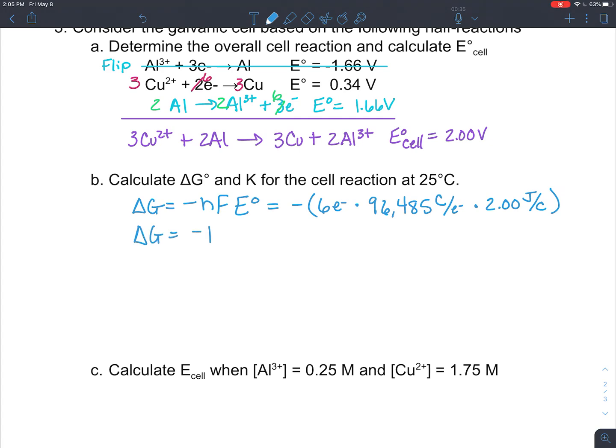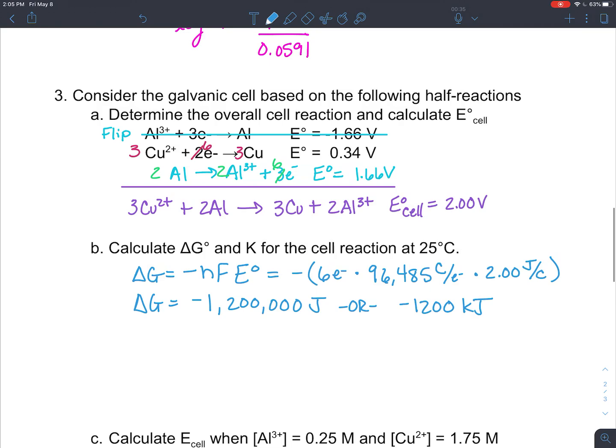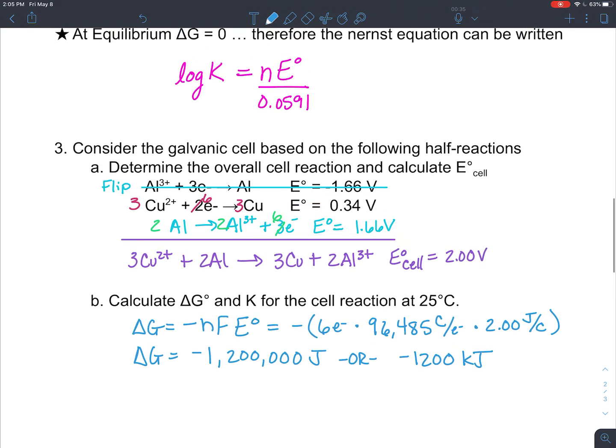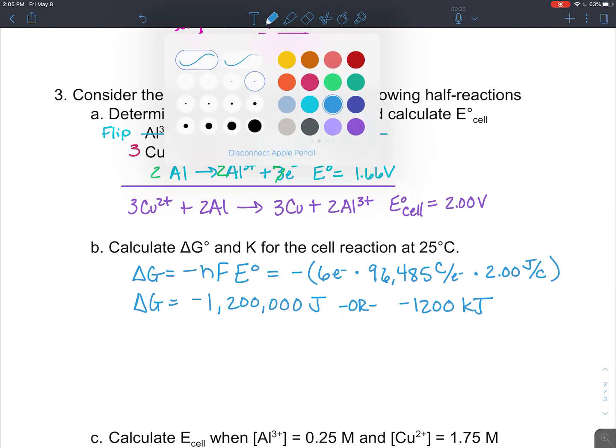So delta G then is equal to negative 1,200,000 joules, or an easier number to work with might be negative 1,200 kilojoules. Okay, so now that we have that, we can go ahead and plug some information in to find K using this other equation. So we're going to do the log of K.